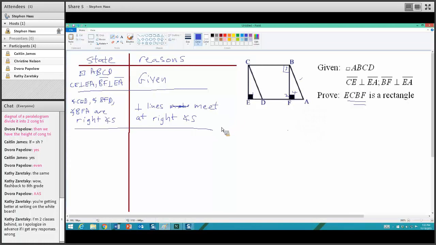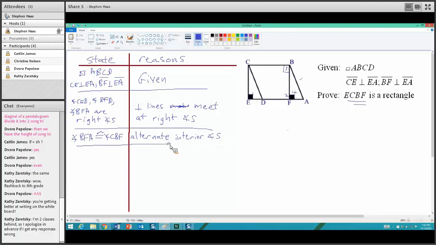So now let's do 4 and 3 equal. We'll say angle BFA, that's 4, is congruent to angle CBF because of alternate interiors. They're alternate interior angles.